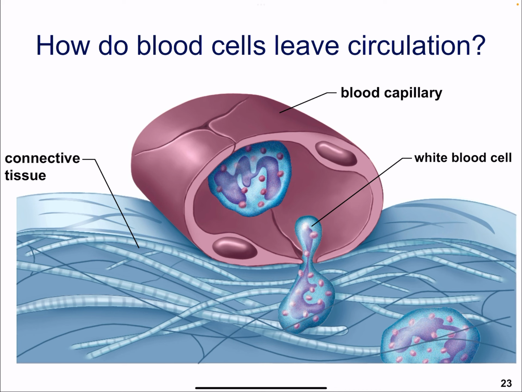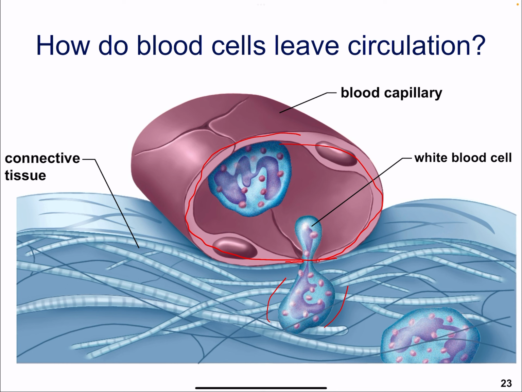Now, blood cells, as they circulate in the blood capillaries, there is a period of time when these blood cells will have to leave the blood capillaries to go in the tissues where protection is happening, right? They have to squeeze between epithelial cells to find themselves in the tissues here, right?